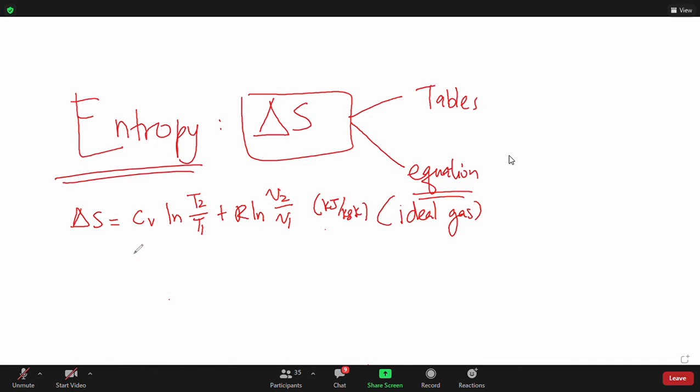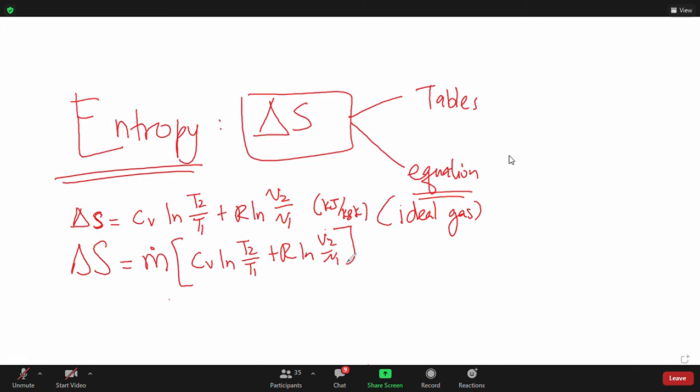If you multiply this small s, delta s, by m dot, for instance cv ln T2 over T1 plus R ln V2 over V1, then your units will be in kilowatt per Kelvin. Is that clear?